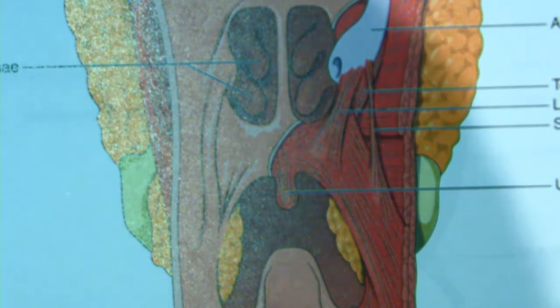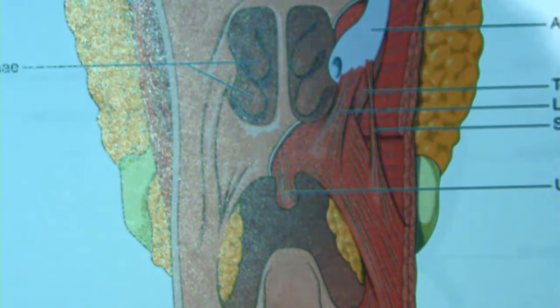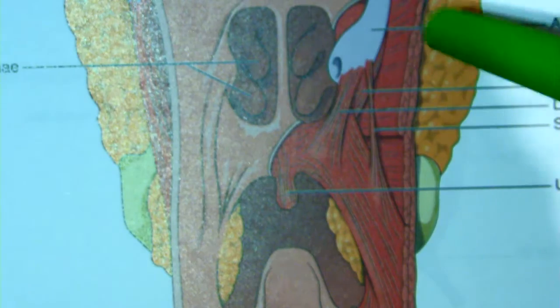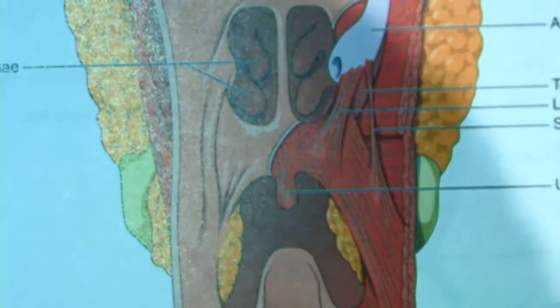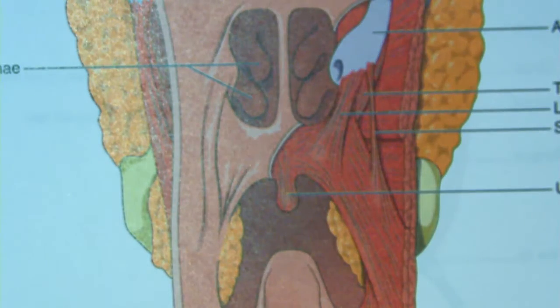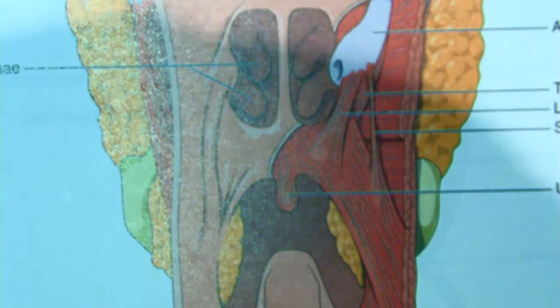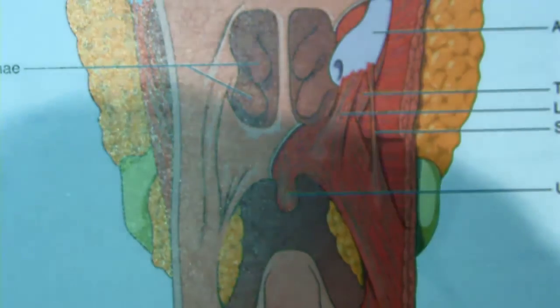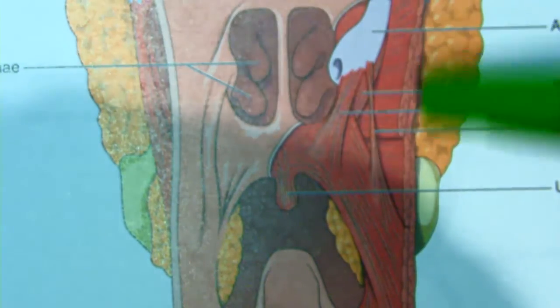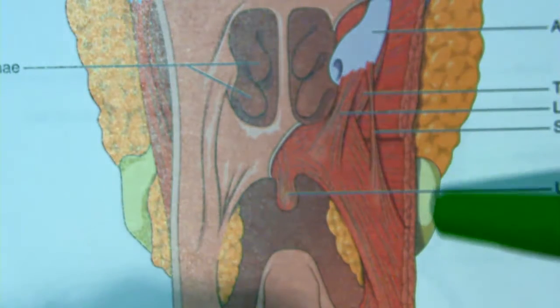So let's try and identify these muscles and these lymphatic structures. These muscles here, you have 1, 2, 3 of them. What are they? These structures right here on the outside, you have 3 of them.